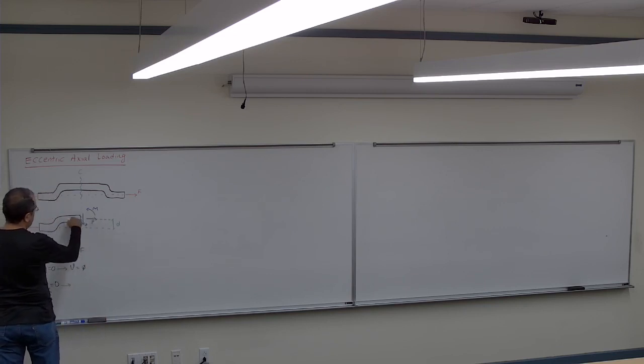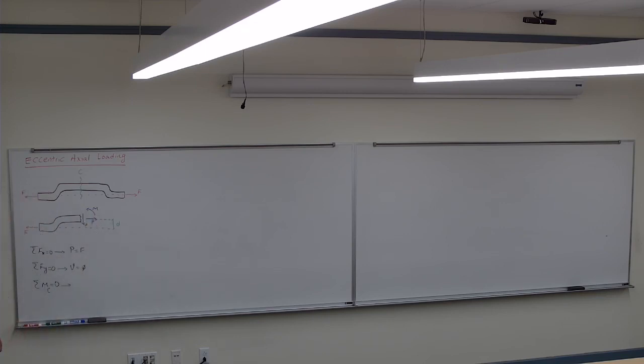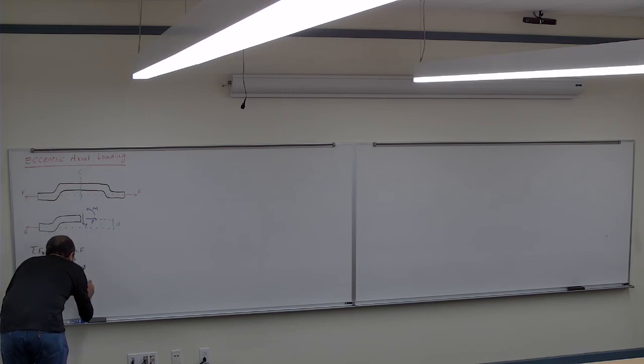V is 0, P doesn't have any moment, and M would be F times D, correct? So M would be F times D.